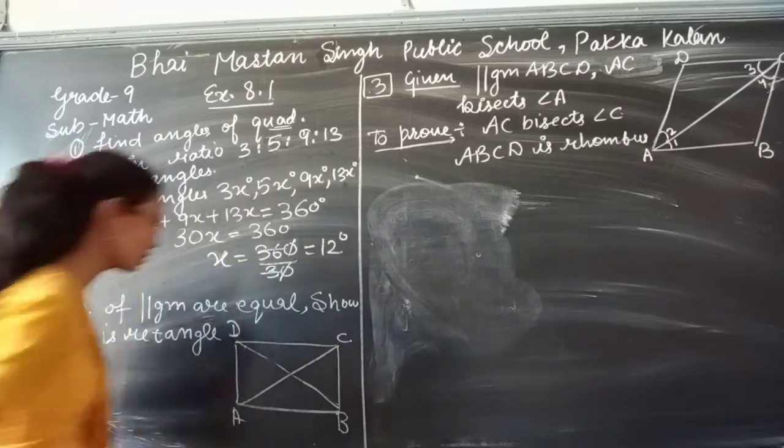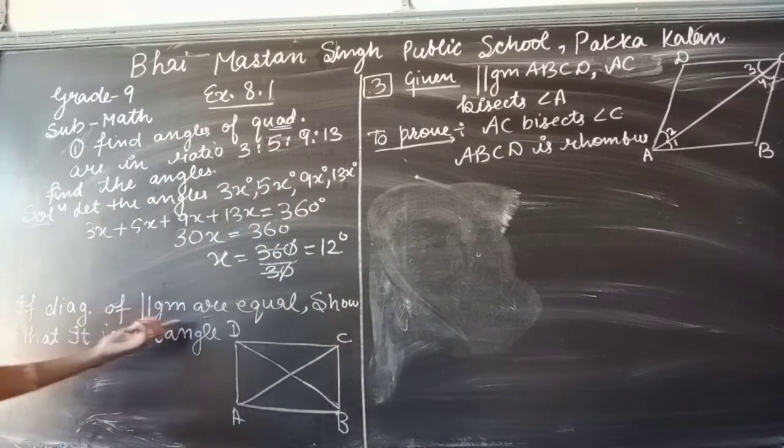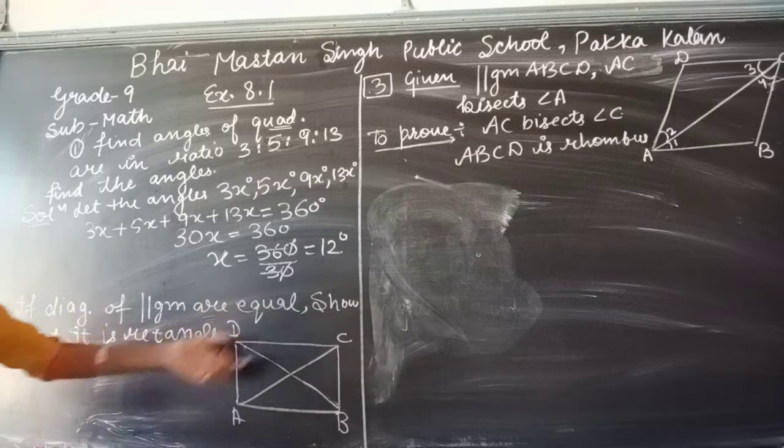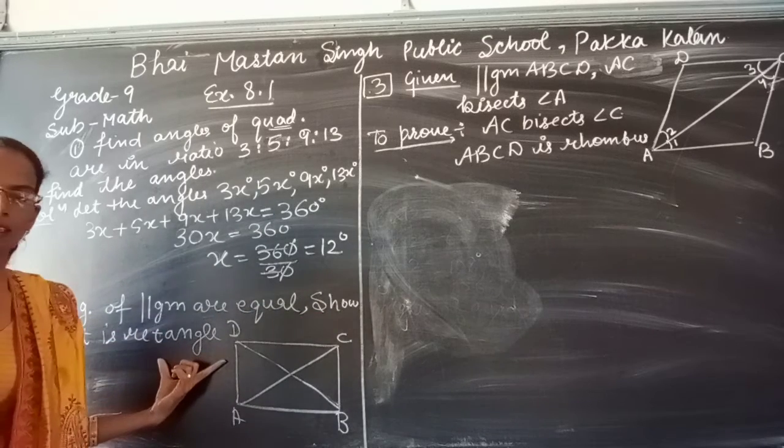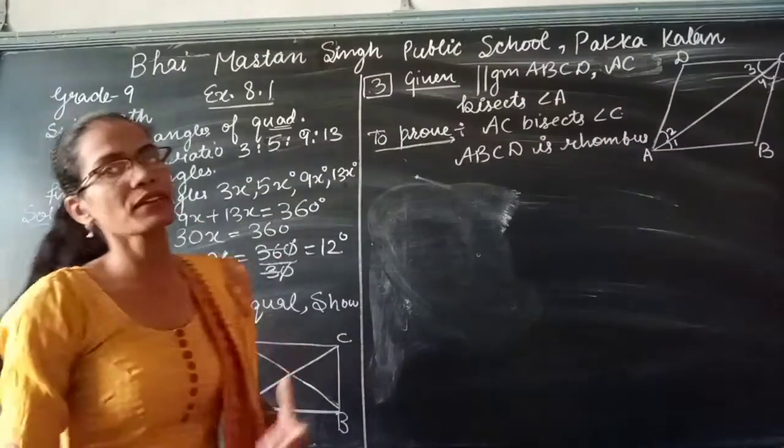Question number 2. If the diagonals of a parallelogram are equal, show that it is a rectangle. Between a parallelogram and a rectangle there is one difference.